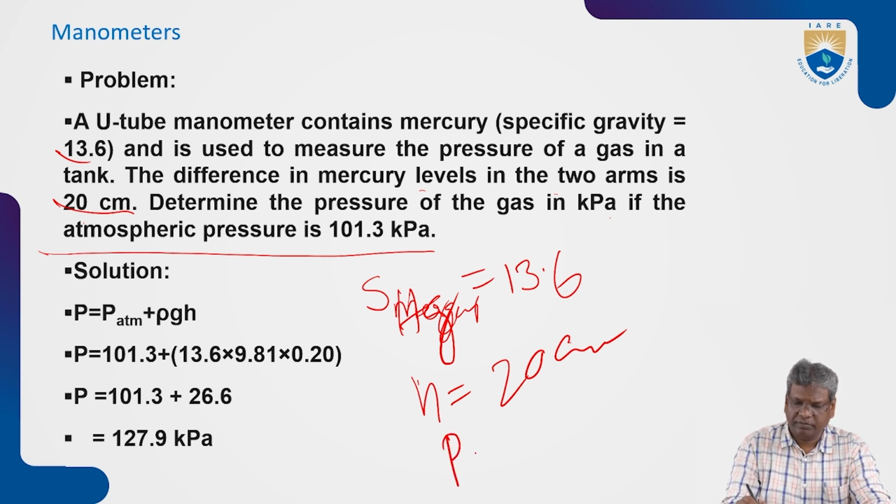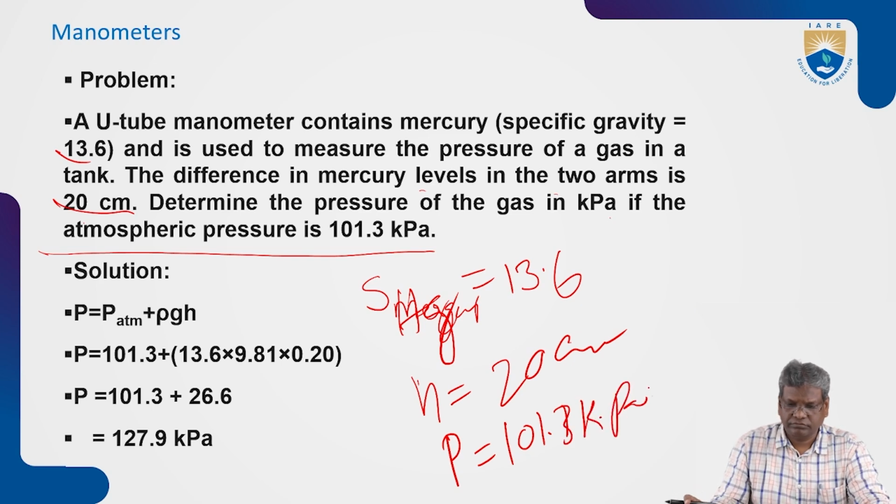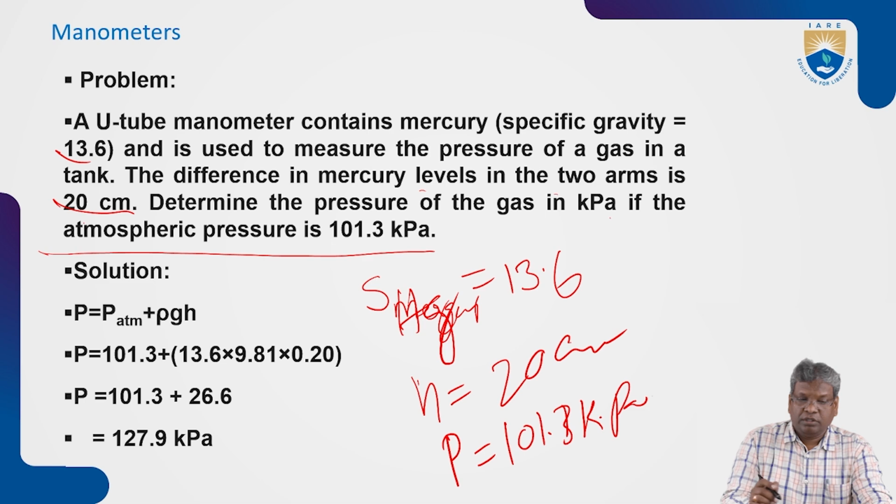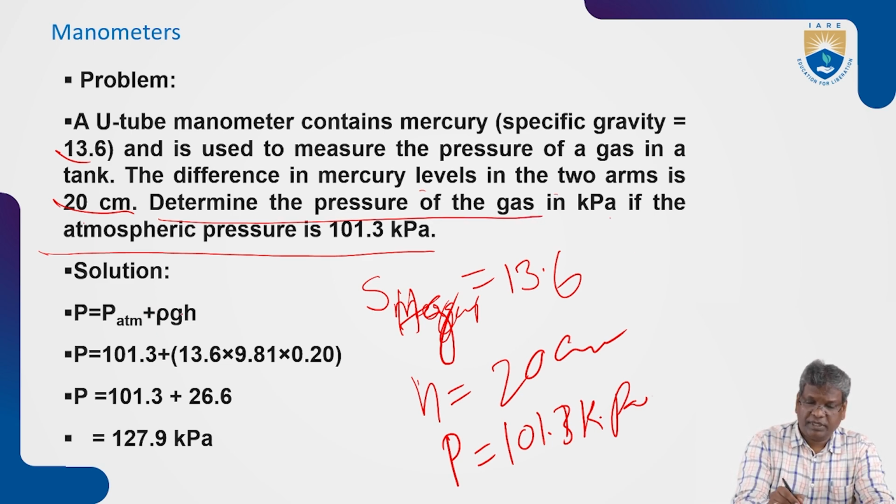Then atmospheric pressure is 101.3 kilopascals, right? So what is being asked? Determine the pressure of the gas. Pressure is equal to atmospheric pressure plus static pressure.